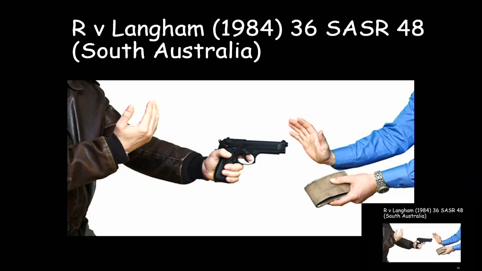Okay, so claim of right can become, not just in relation to theft, it can become a really important part of an offence if you can show claim of right to knock out quite serious offences.